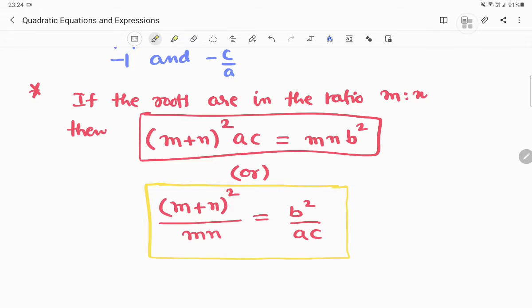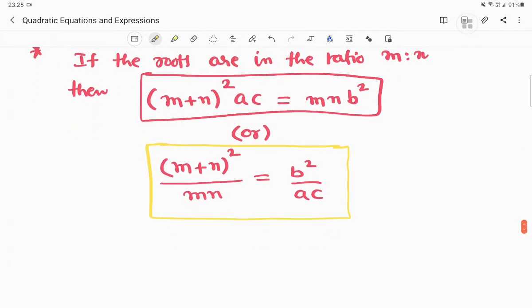So the roots are in the ratio m is to n. Suppose in the question the roots are in the ratio 1 is to 2, then find the condition. That time you can apply m plus n whole square by mn is equal to b square by AC.